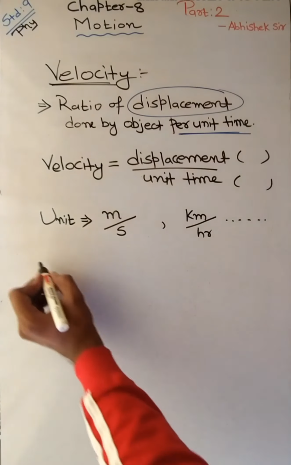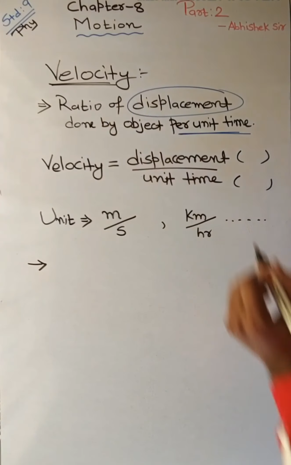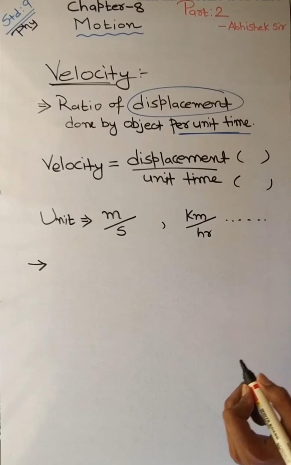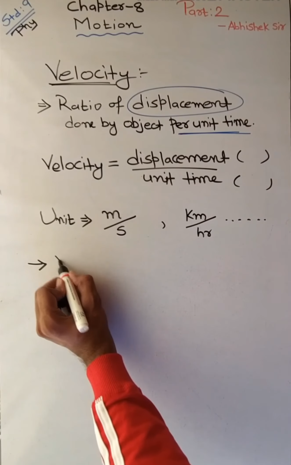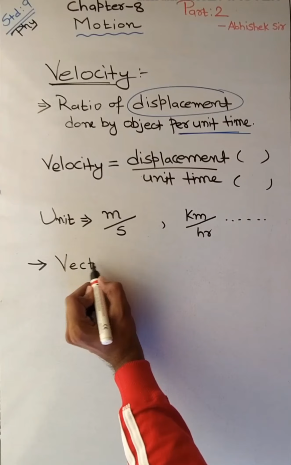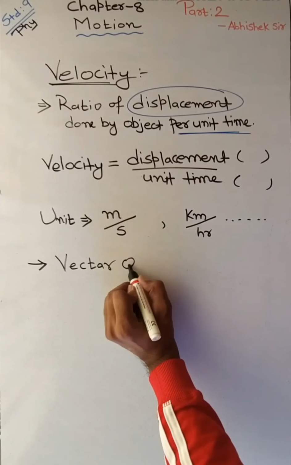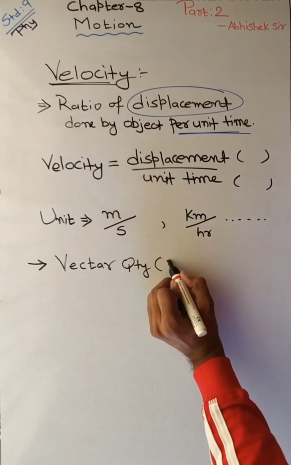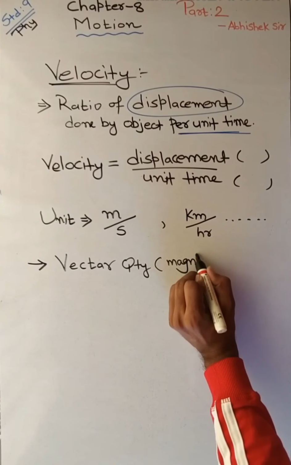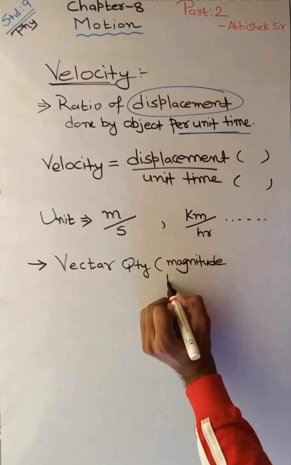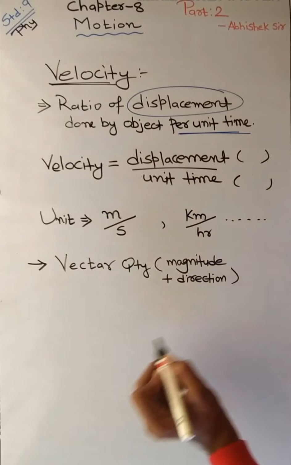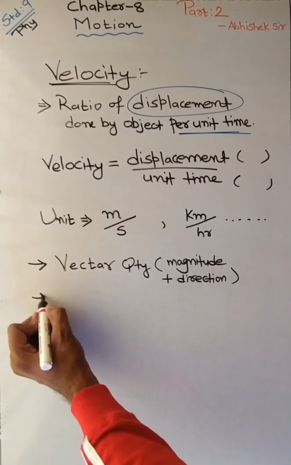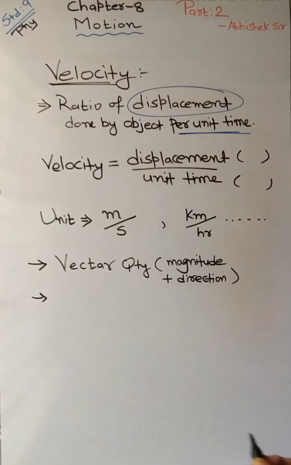Now a few things to take care of. Velocity of any object is related with direction, so it is called a vector quantity, because we need the magnitude, the value, plus we also need the direction. Now displacement, we have studied, can be positive, zero or negative.